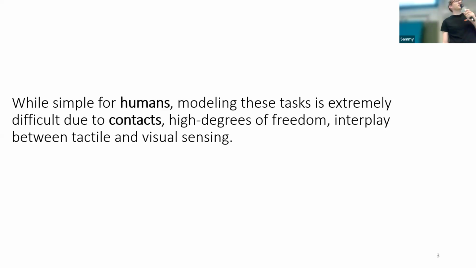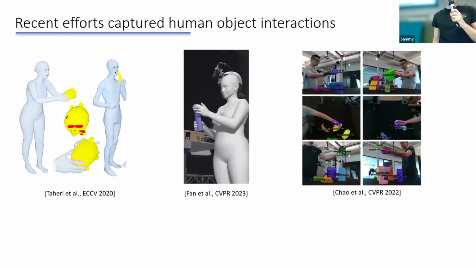Modeling these tasks is extremely difficult, especially when it comes to robotics, because it involves a lot of complex, high degrees of dexterity, and also some interplay between different sensing capabilities, such as tactile and visual sensing. Some efforts have been made, mostly in the vision and graphics community, to capture a lot of data of humans interacting with objects, such as the GRAB dataset, ARCTIC, or DexYCB.